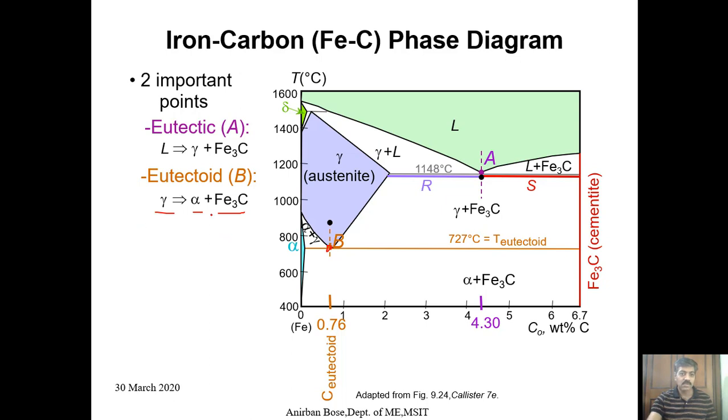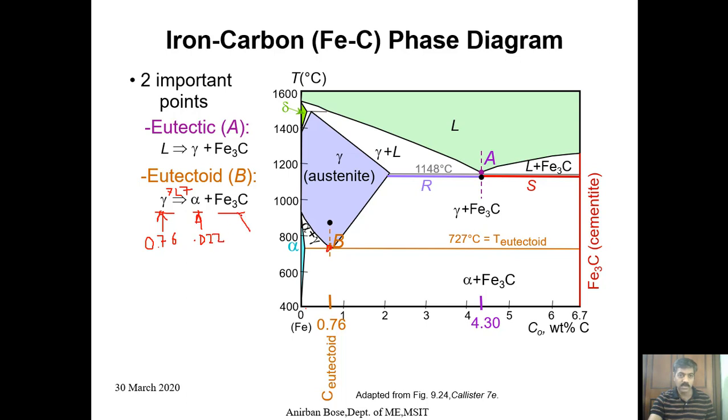Okay, at which temperature is it happening? 727. You have to remember that this is happening at 727. What is the composition of this austenite? 0.76. You have to remember. Very, very important. What is the composition of alpha? The composition of alpha there is 0.022.